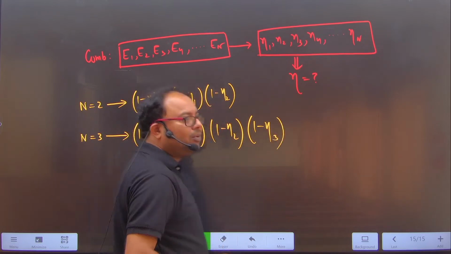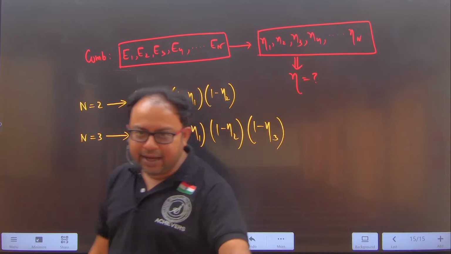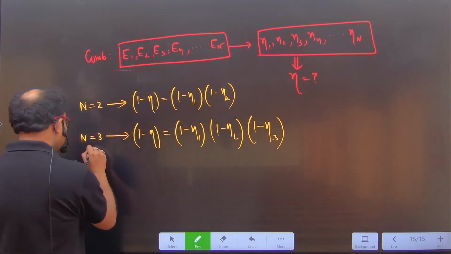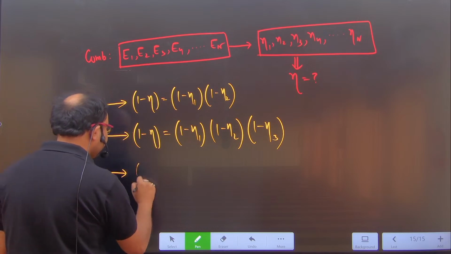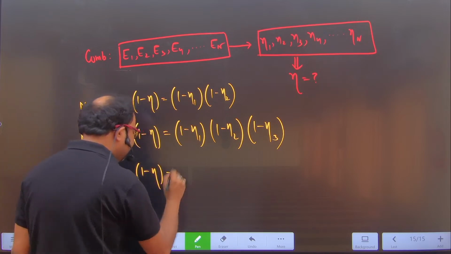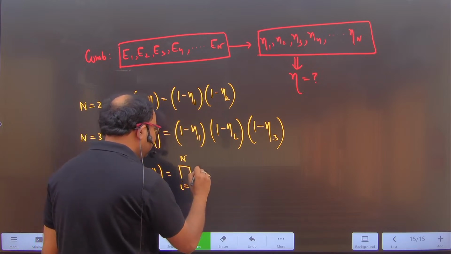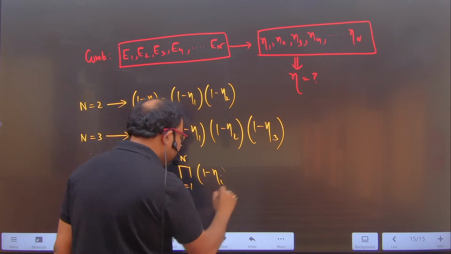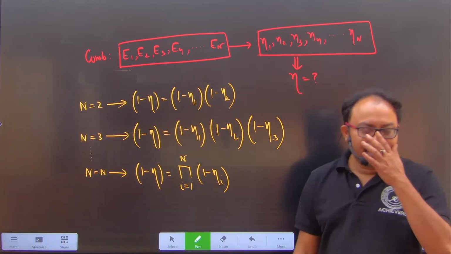So now you can create the series. So for n equal to n, 1 minus eta is basically a multiplication series, pi i running from 1 to n, 1 minus eta i. As simple as that.